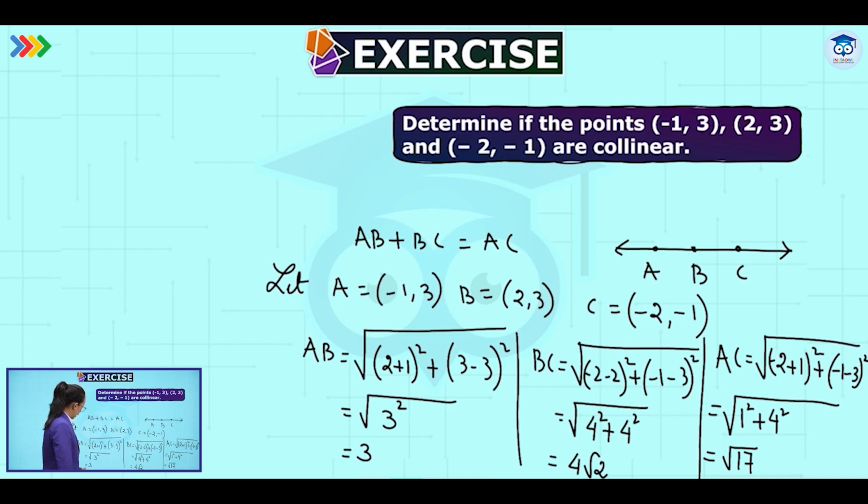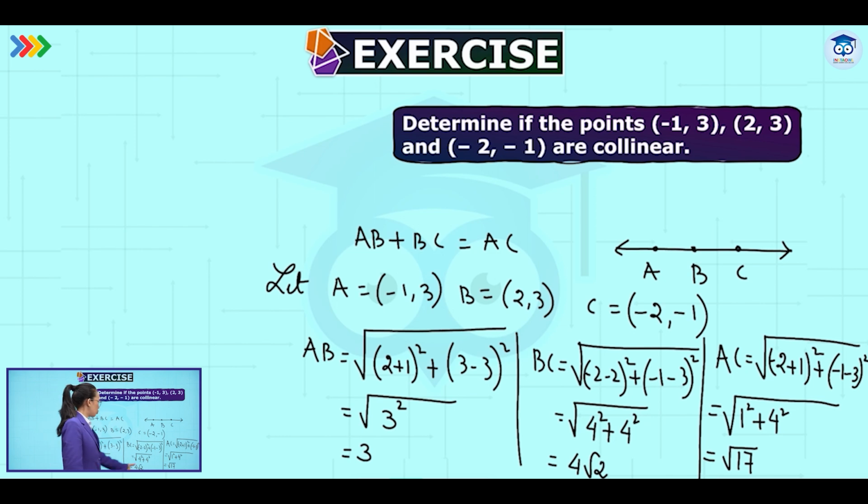Look at this: AB is 3, BC is 4 root 2. When we add this, it will be beyond 7. Now when we look at AC, it is less than 5. We know that square root of 17 comes between 4 and 5, because 4 square is 16 and 5 square is 25.